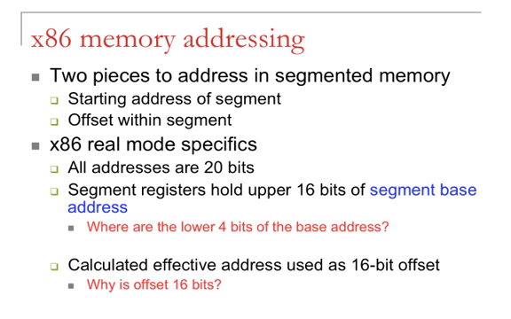So why is the offset 16-bit? Because the way we use these registers, this side is 16-bit, and these are 16-bit. But the fundamental reason is every segment is 64 kilobytes. Remember 2 to the power of 16.